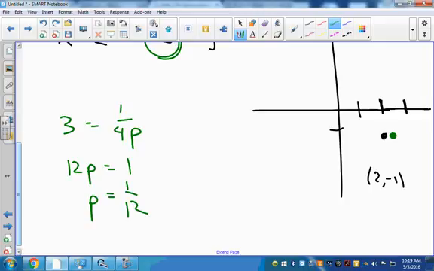The vertex is at 2, negative 1. Anybody want to give me a shot at the coordinates here? It's 1/12 of a unit away. 2 and 1/12, comma, negative 1. Yeah, it's still negative 1. So here's my focus now. This is the focus.